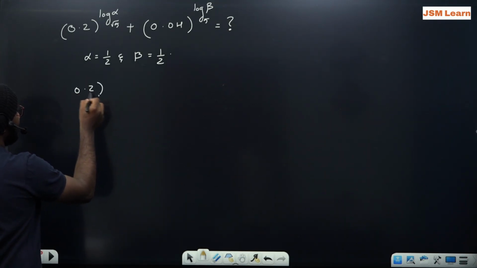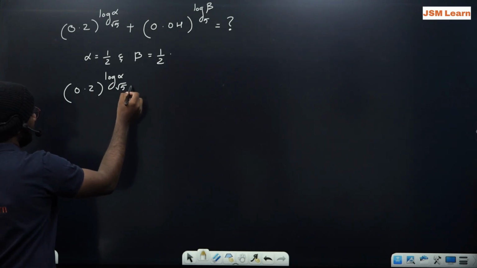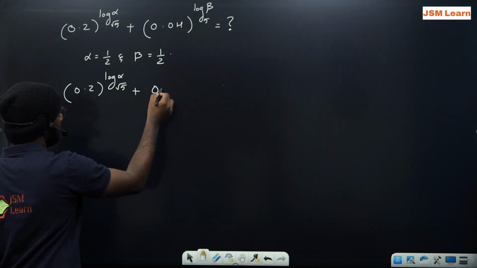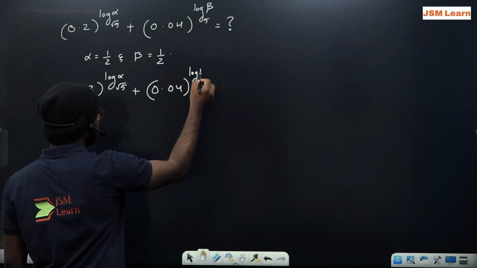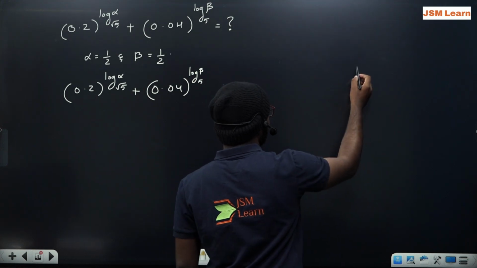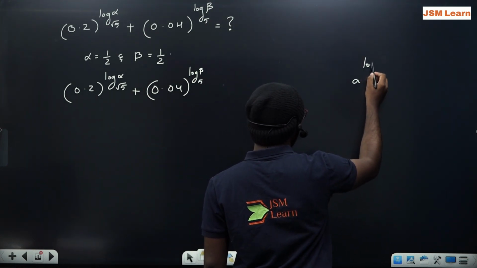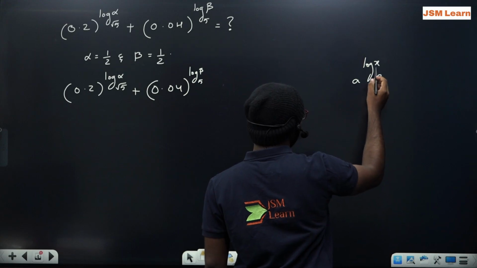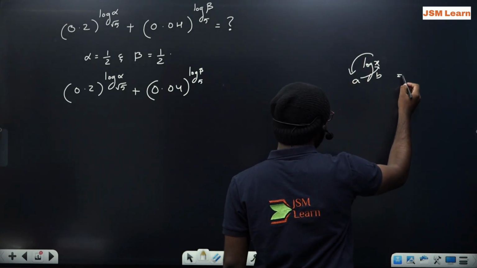I am rewriting this given expression. We know a property of logarithms: a to the power log x with base b can be written as x to the power log a with base b. We can interchange these two variables.